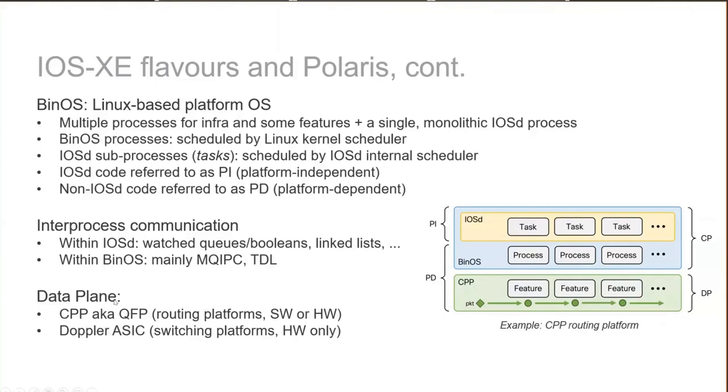So for data plane, we call it CPP, Cisco Packet Processor. Routing platforms only, but Doppler ASIC is for switching platforms. It's a hardware only ASIC.